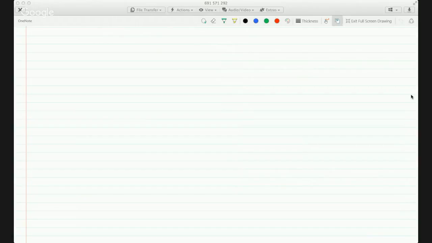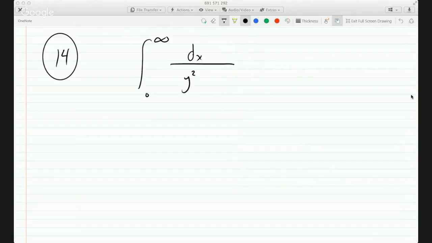So yeah, so they are telling you in this problem, this is 14 and chapter 11 section 2, right? The integral from 0 to infinity of dx over y squared plus x squared is equal to pi over 2y, right?